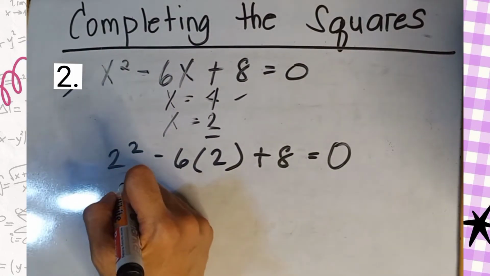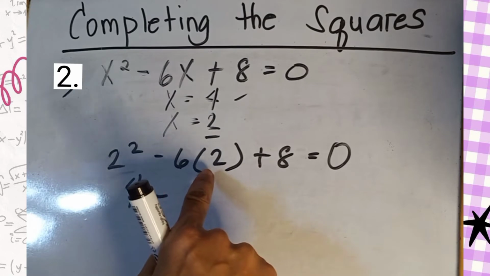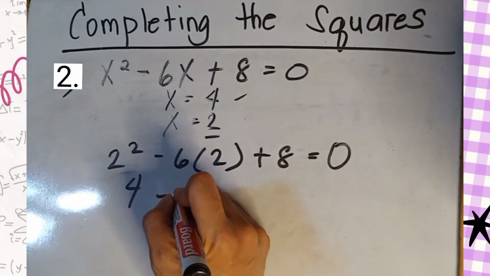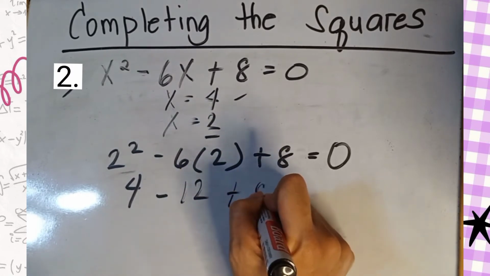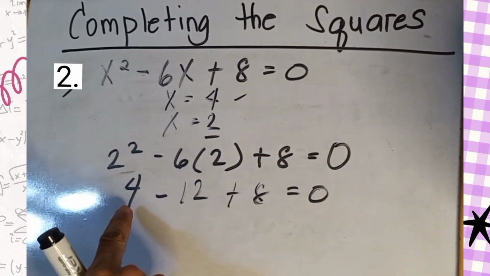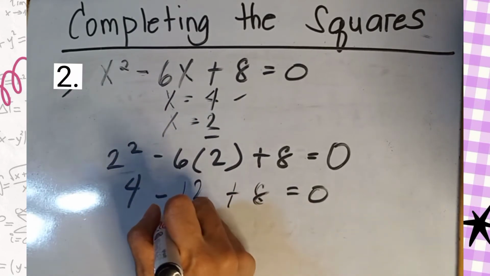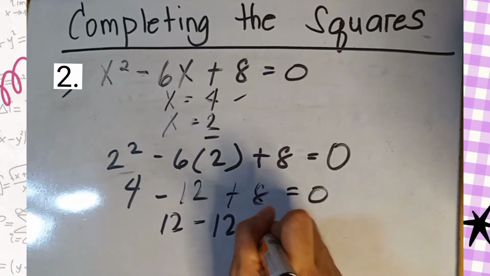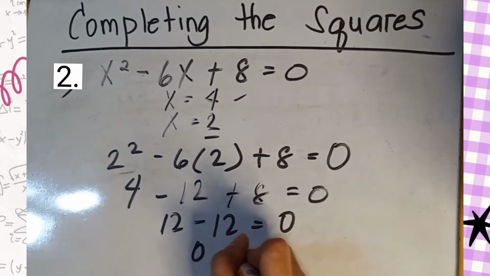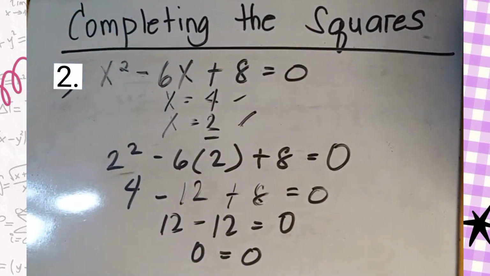Alright, so 2 squared, that is 4, minus 6 times 2, that's 12, so negative 12, plus 8 is equal to 0. So, 4 plus 8, that is 12, minus 12 is equal to 0. Therefore, 0 is equal to 0. So, x is equal to 2 is also correct.